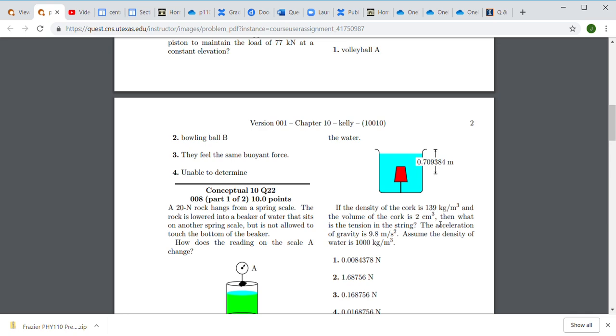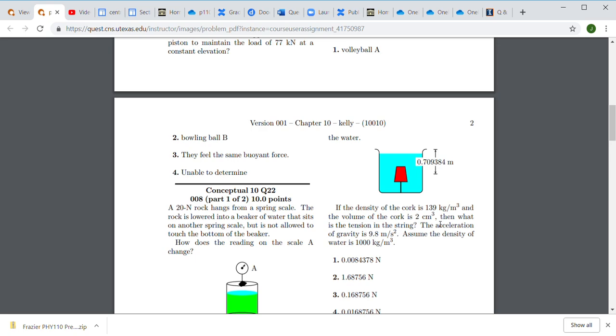If we multiply by the density of water, 1,000 kilograms per cubic meter, that gives us the mass of the water displaced. That's not what Archimedes' principle talks about. It talks about the weight of the water displaced, so we need to multiply that result times little g to get the weight of the water displaced, and that would be the upward buoyant force.